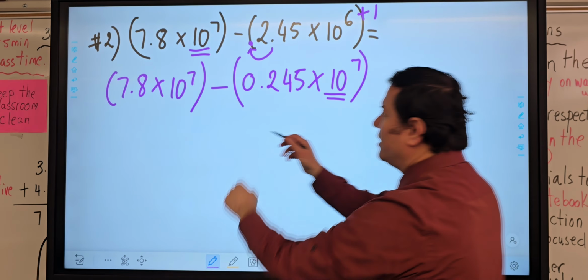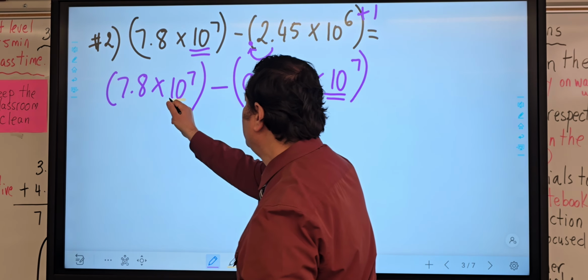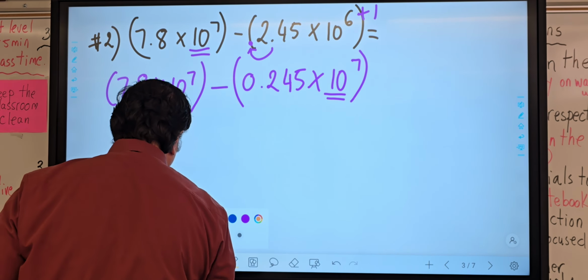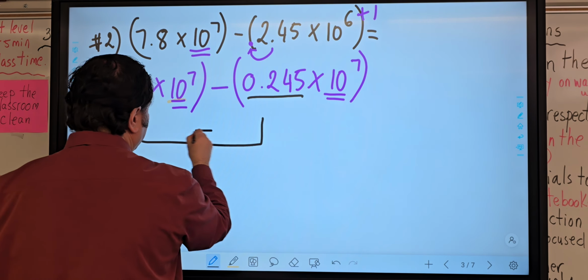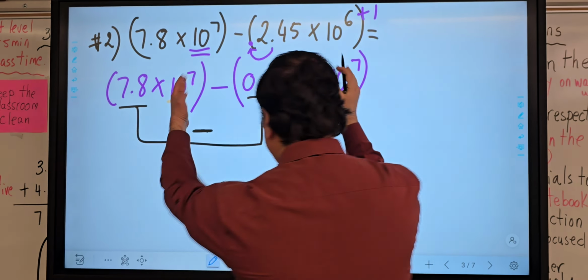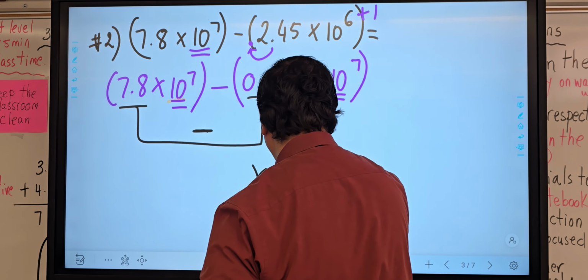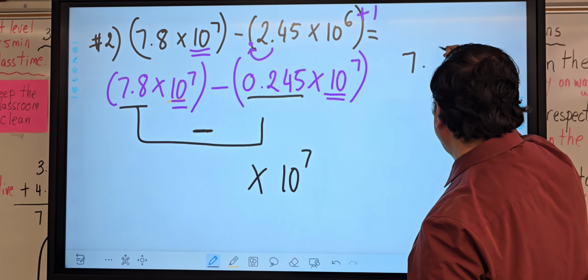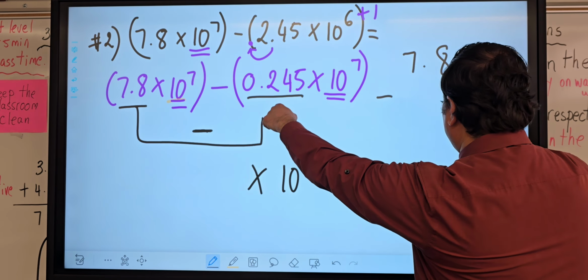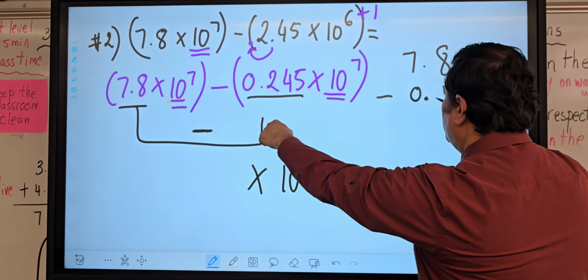Now since we have the exponents the same, we are just going to simply subtract these numbers and get the answer. And everything is going to be times 10 to the power of 7. Let's subtract 7.8 minus 0.245. Remember, line up decimal places.